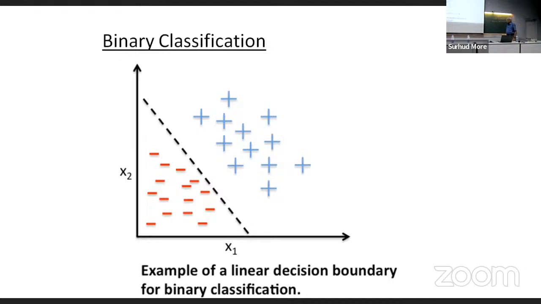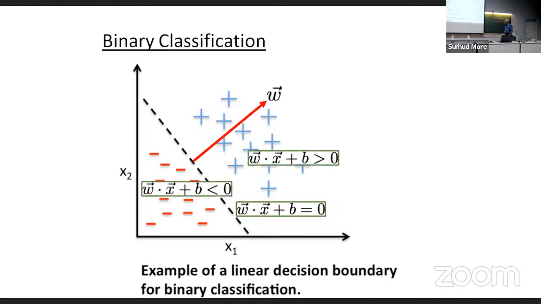Now, having drawn this line, how do you define the line? You've got a normal to the line, and this would be the equation of the line: W dot x is equal to 0, where W is this vector which tells you how the line is oriented. And it's very easy to show that in this region W dot x plus b is greater than 0, and in this region it is less than 0.